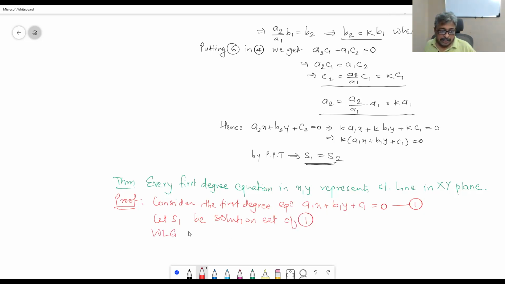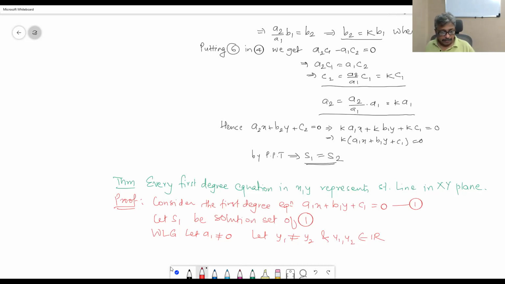Without loss of generality, let A1 not equal to 0. Let y1 not equal to y2 and y1, y2 belong to R.